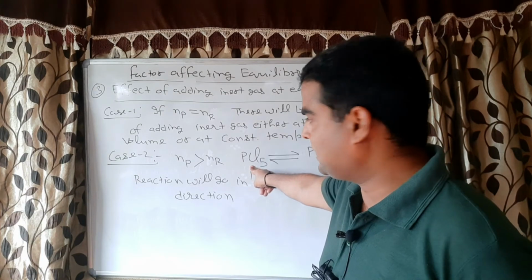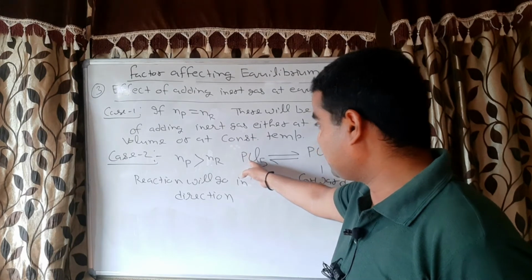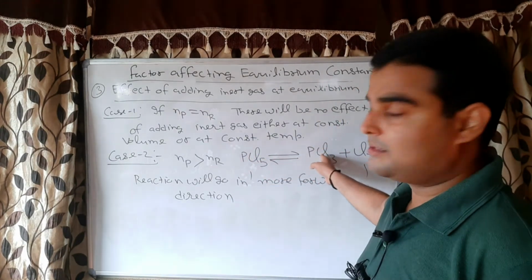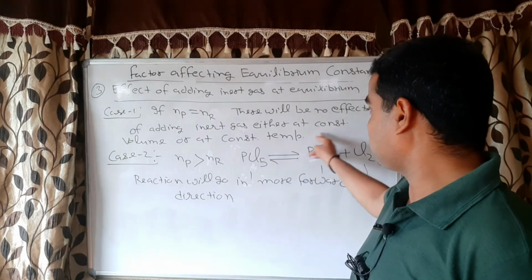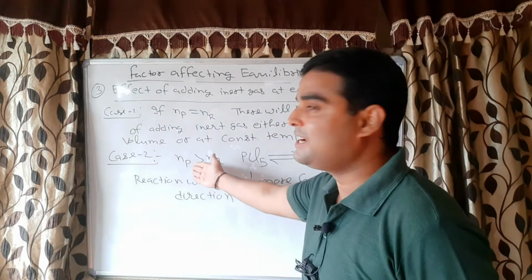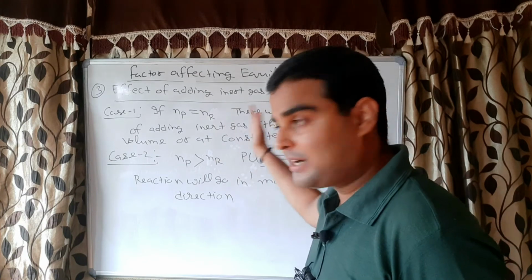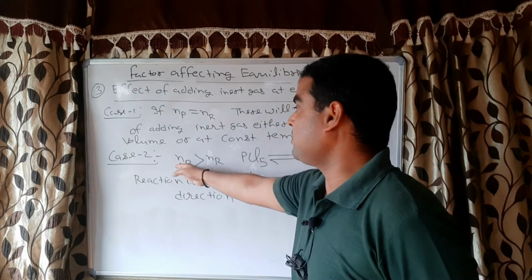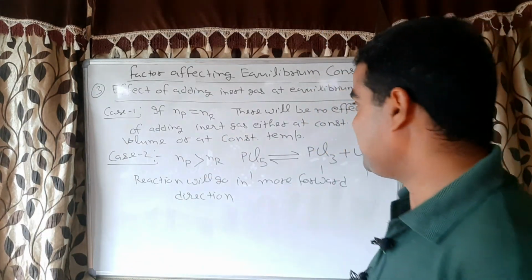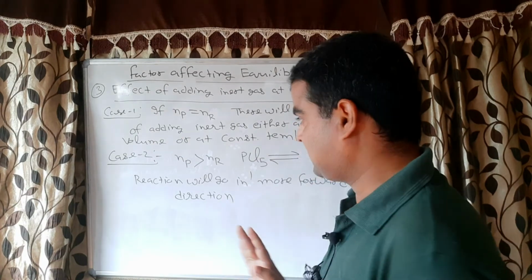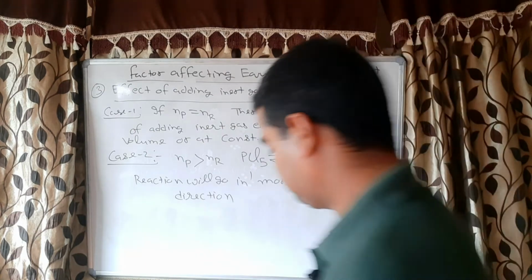So as per the Le-Chatelier, the concentration of reactant should decrease. How? When it will carry the reaction in forward direction, correct? When it will carry the reaction in forward direction, then number of moles of the product will increase, but already it is NP is more than NR. It means it will further make the number of moles of the product greater than NR. It means it will support the reaction. When it will support the reaction or favor the reaction, that means reaction will go in more forward direction.